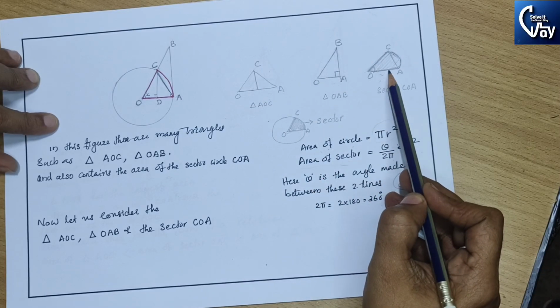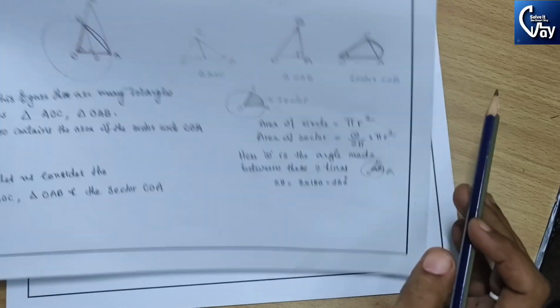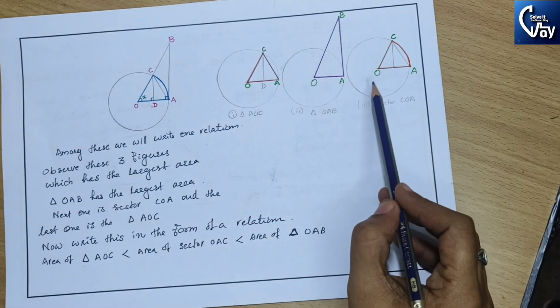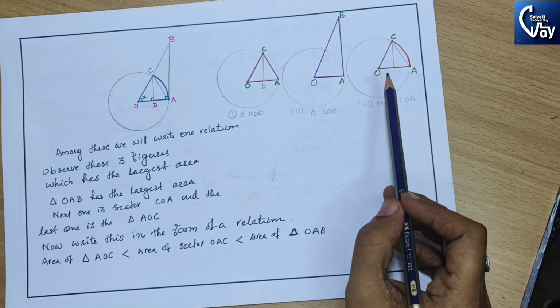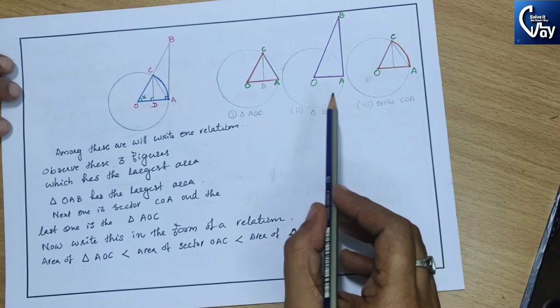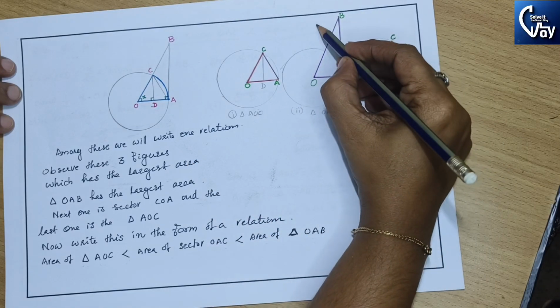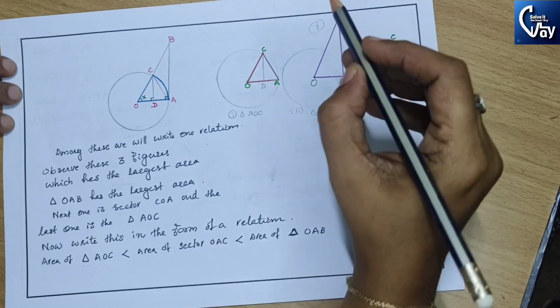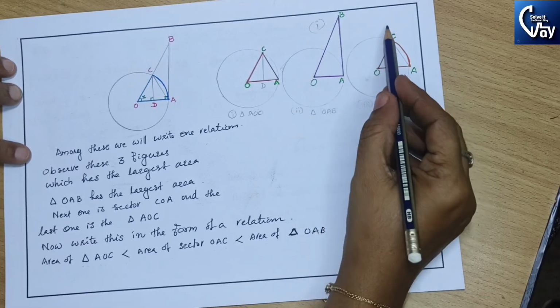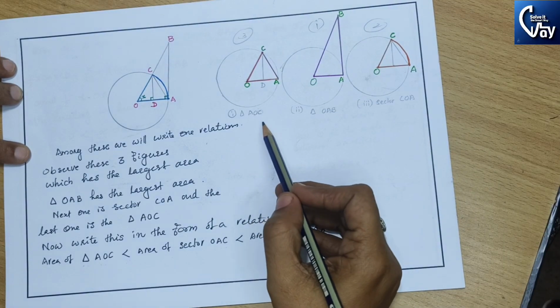Now observe these three figures. Among these, we will write one relation. Which one has the largest area? We know that this one has the largest area, then the sector, then this small triangle AOC.